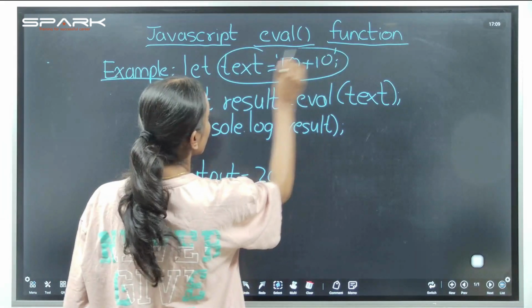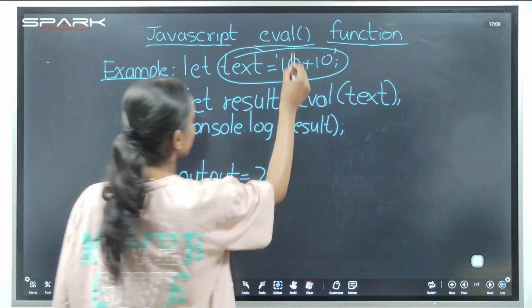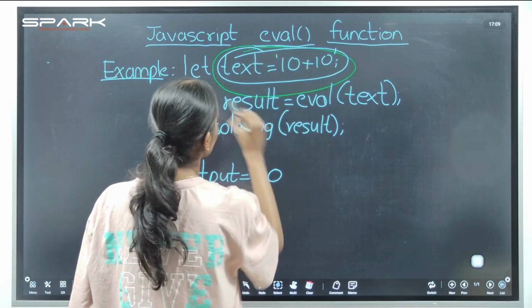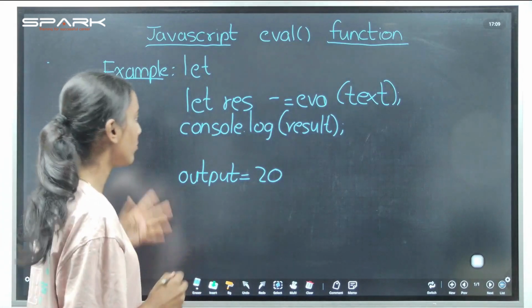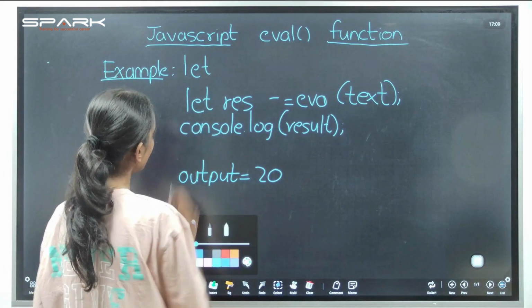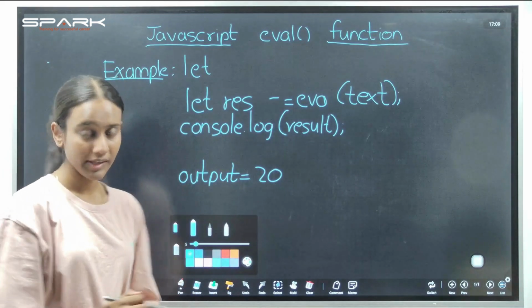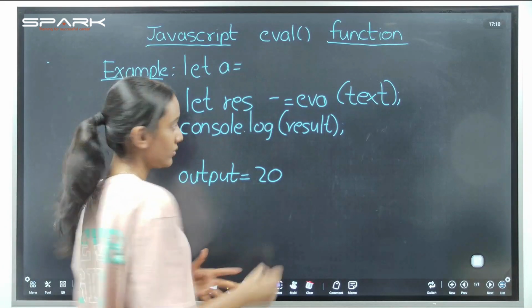If I take this as a string, what will be the output? First let me create a variable. First I'll name the variable and pass the numbers to it.